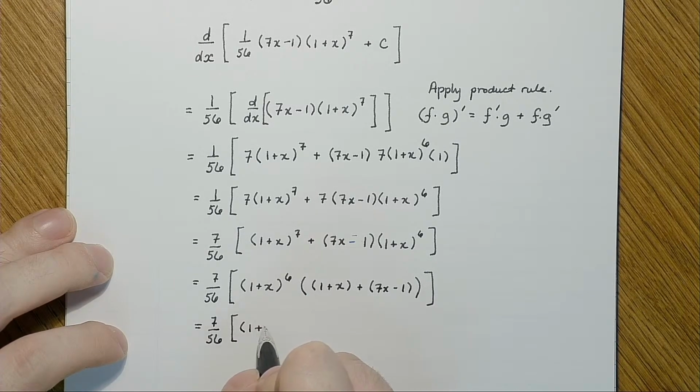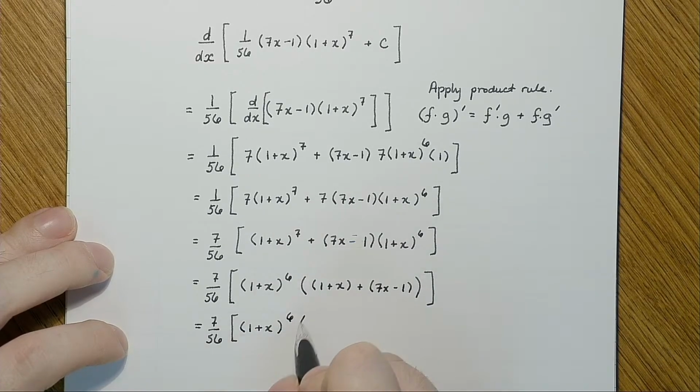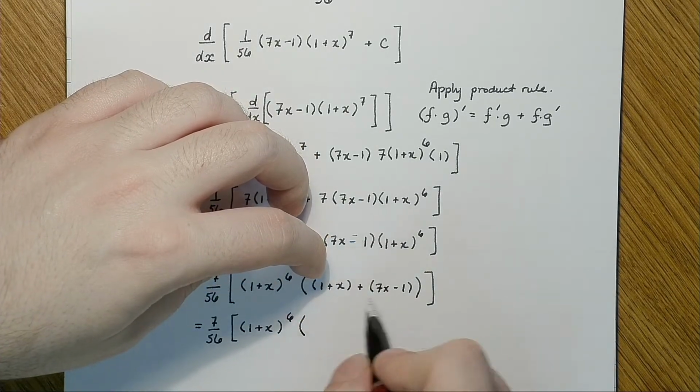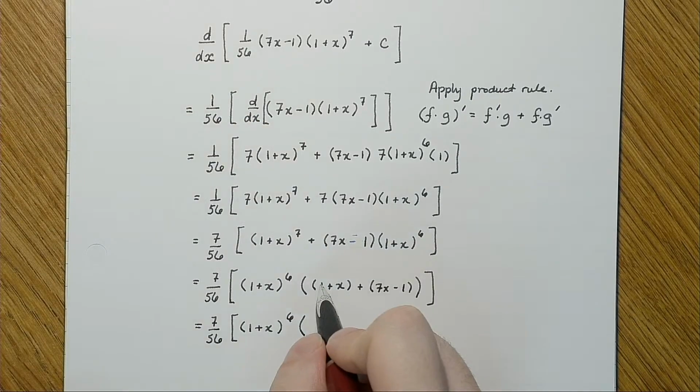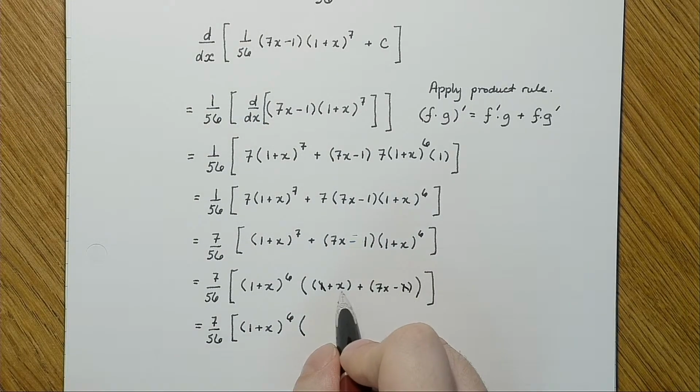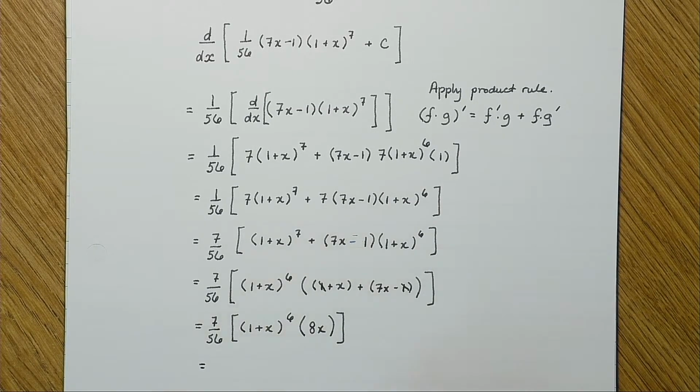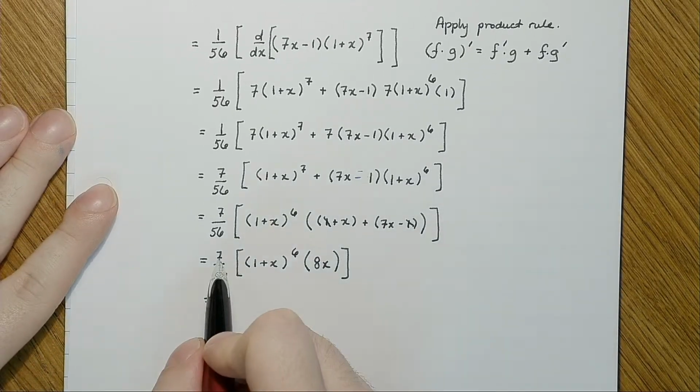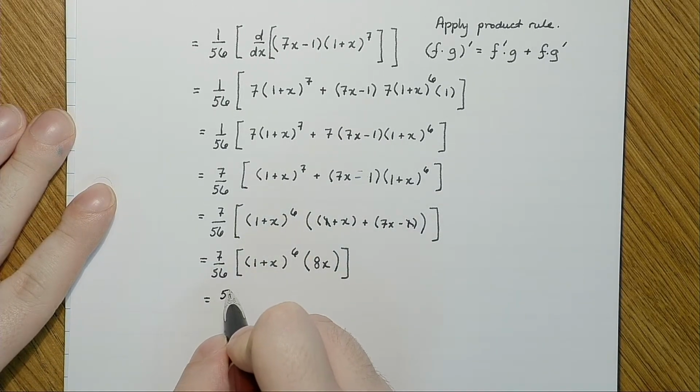I know I'm writing a lot of steps. So I have 1 and a minus 1, so that cancels. And then I'm left with x plus 7x, so that's 8x. And, oh yeah, we're almost done. 7 times 8 is 56.